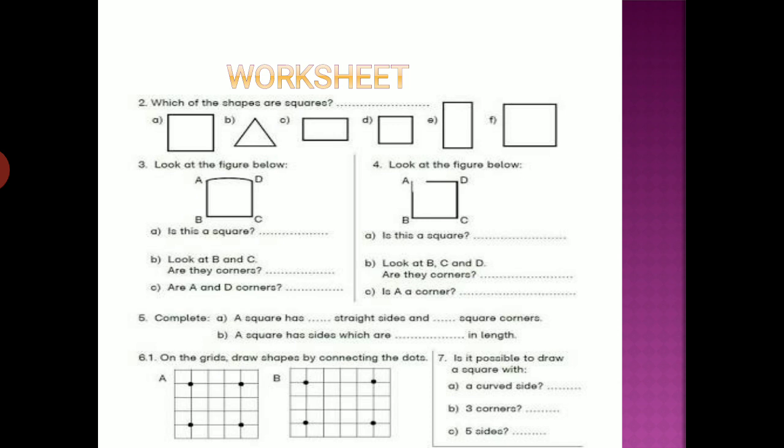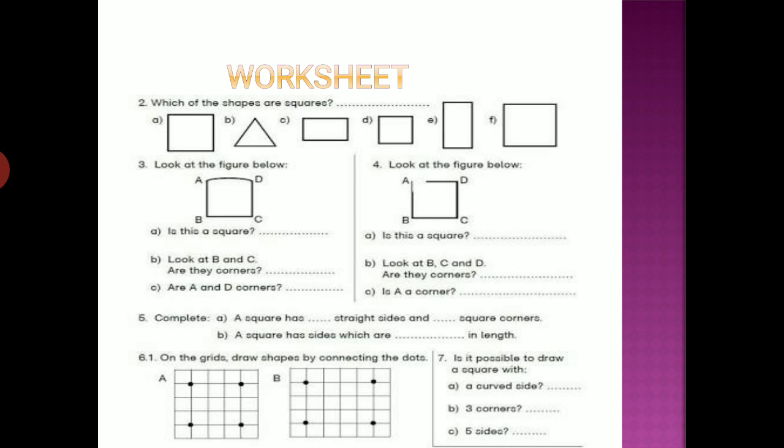Yes, they are all corners, because they are made up of meeting straight lines. Is A a corner? No, because at point A two lines are not meeting, so it's not a corner.